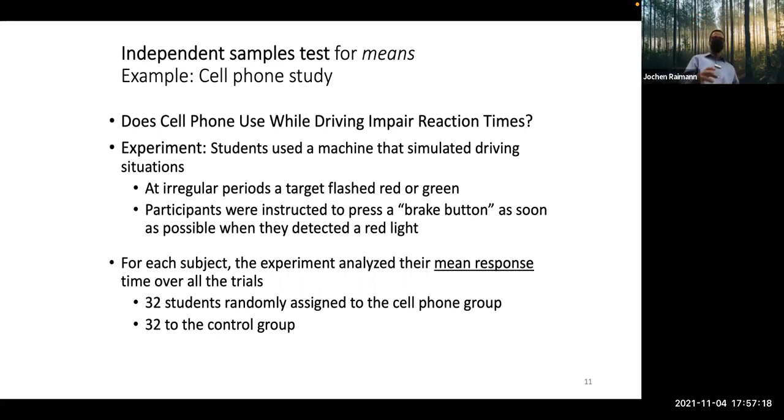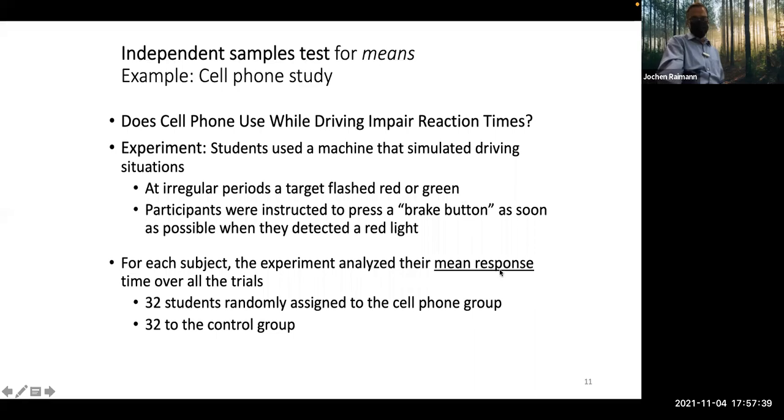So you had students simulate a driving situation, and at irregular periods a target flashed up, either red or green, and you needed to react to that. When this flashes up, you're supposed to press a brake button.